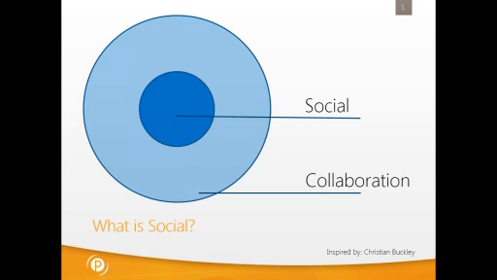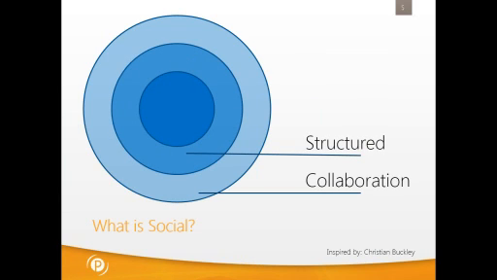But you know what? It's nice that it's called something different, and yes, it enables us to communicate a little bit faster. But really, what are we talking about? I like to look at it, and I was inspired by Christian Buckley prior to, and then especially during our webinar with him about Yammer, to think of this as all part of collaboration.